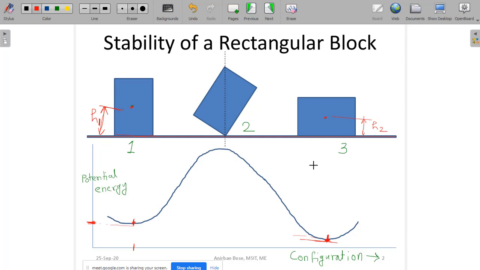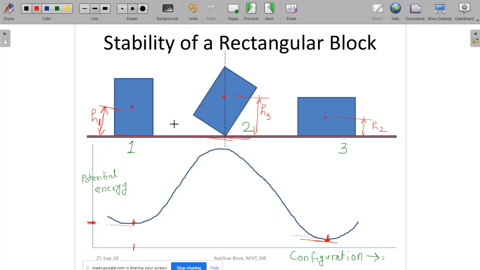Now see configuration 2. It is clear that the position of the CG in configuration 2 definitely will be higher than the other two positions, right? At this orientation definitely this h3 will be maximum.